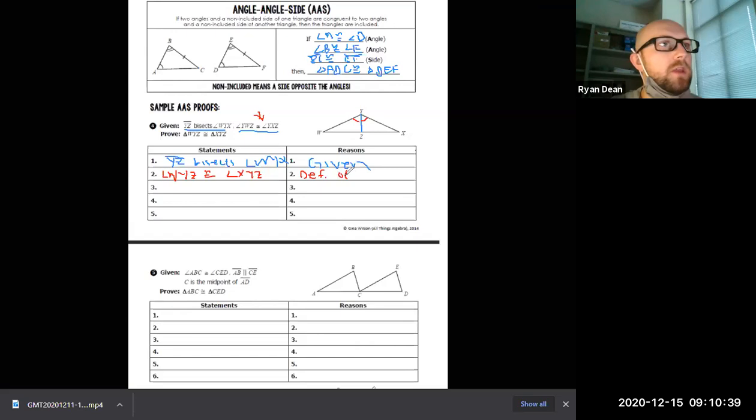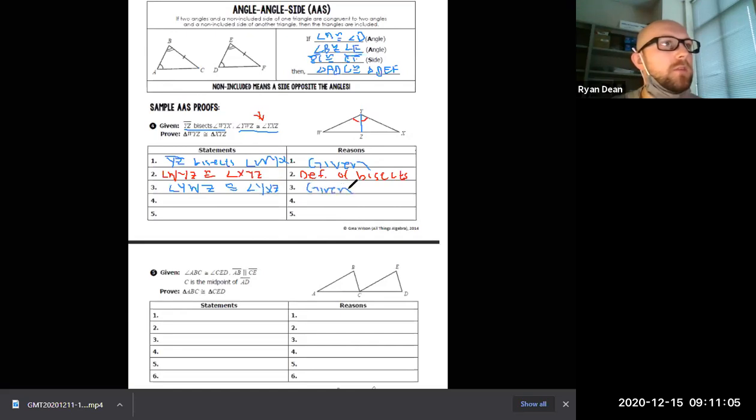So in this one, we have the definition of bisects. Okay, the other piece of given information is that angle YWZ is congruent to angle YXZ. So this is given to us.